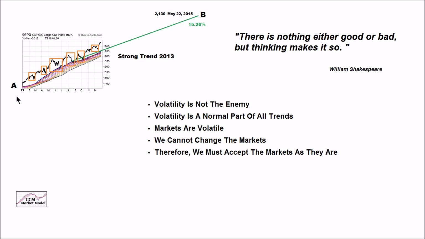If we want to navigate between a point A and point B and prudently manage risk along the way, really the only thing we should be watching is whether or not we believe it's volatility to ignore or volatility to respect. The markets are not going to change, but we can change our perception of volatility.